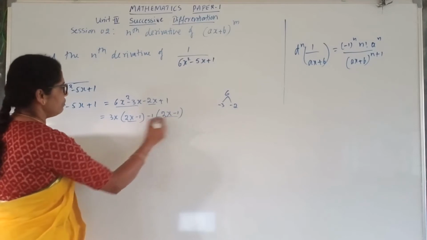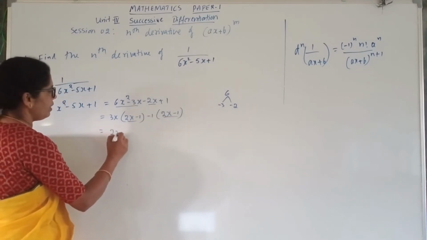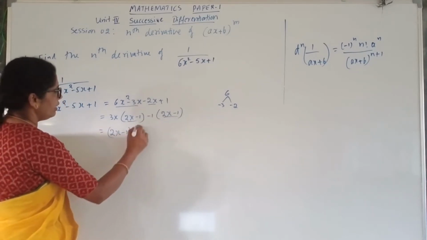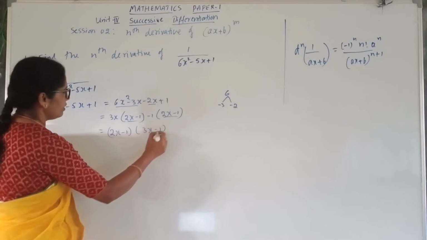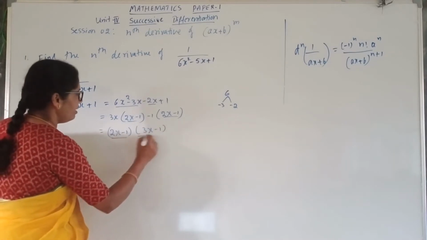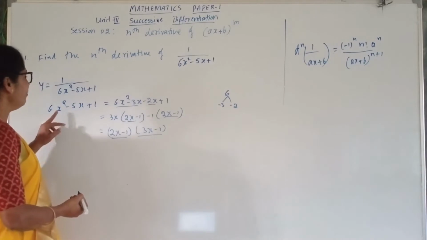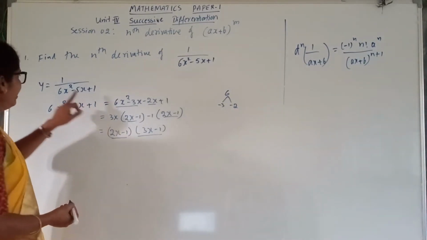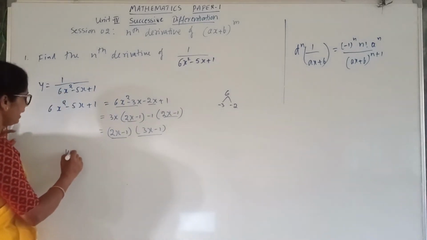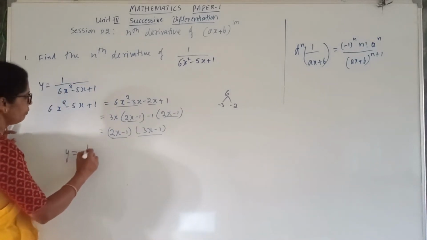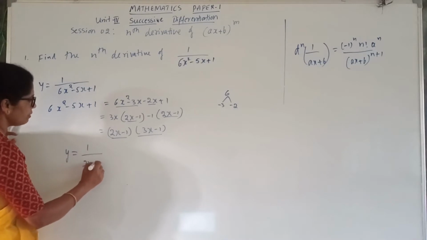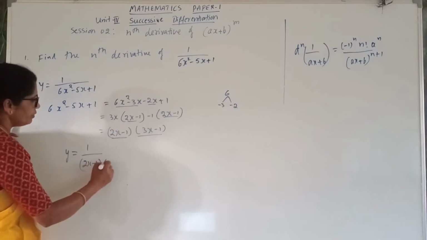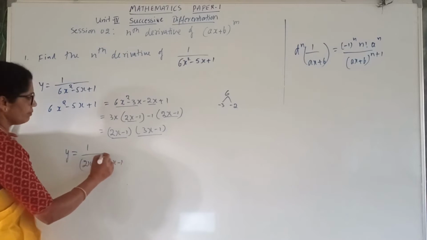Now 2x minus 1 is common among these two, remove outside, and 3x minus 1. So 2x minus 1 and 3x minus 1 are the factors of 6x square minus 5x plus 1. Therefore, y can be written as y is equal to 1 by (2x minus 1) into (3x minus 1).